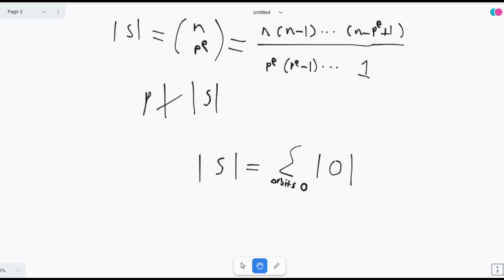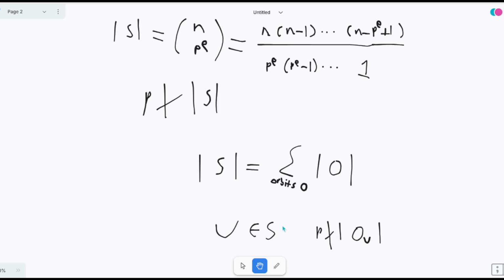So let U be an element of S such that the orbit of U, the notation we use for this is just O of U, P does not divide the orbit of U.